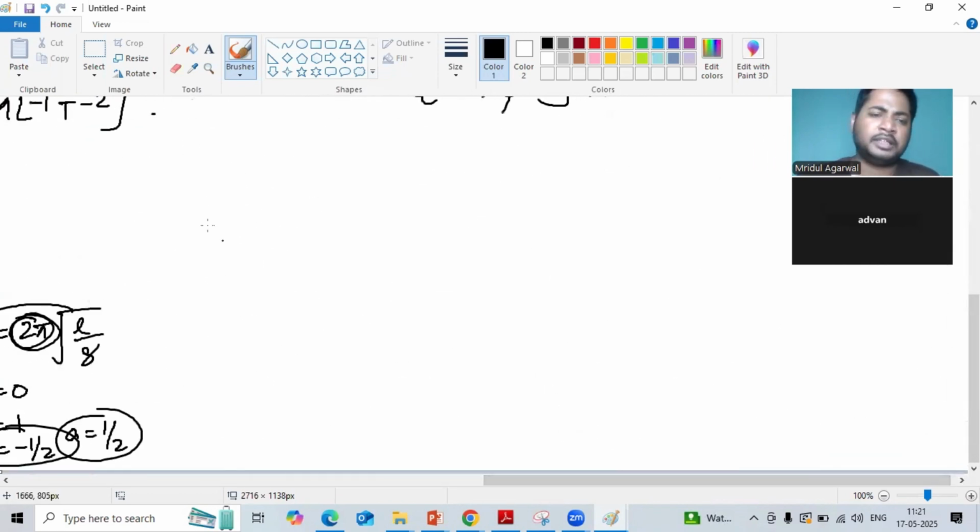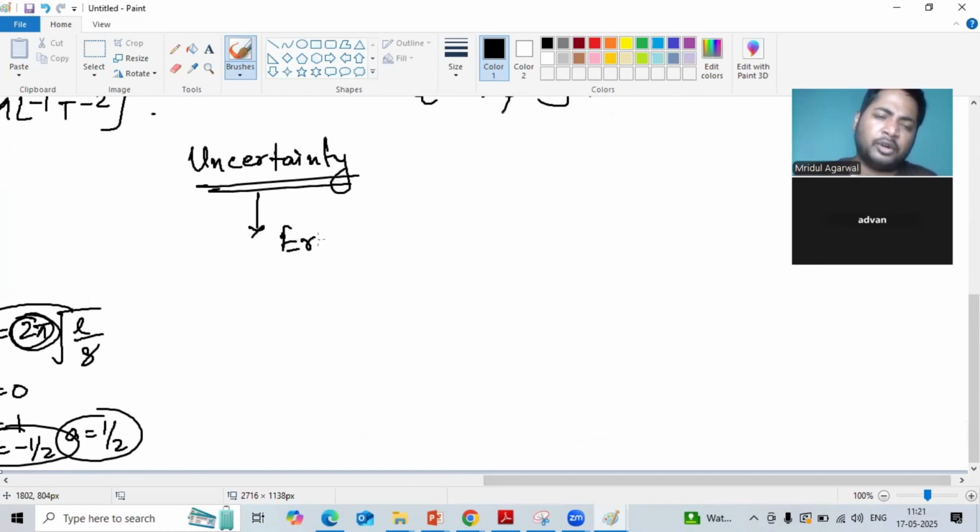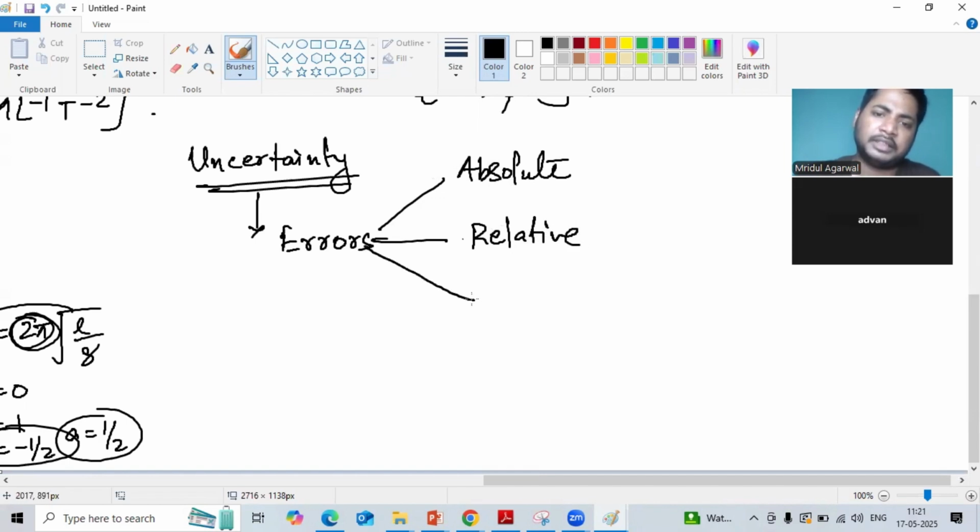There is one more thing that is known as uncertainty. Okay, uncertainty we also define, and we define 3 types of errors. One is known as the absolute error, one is known as the relative error, and the third one is known as the percentage error. Correct?